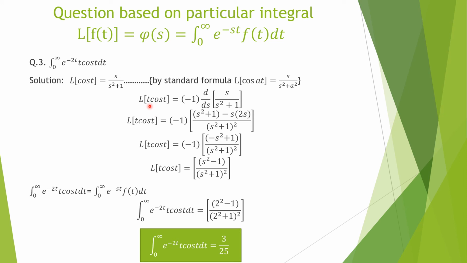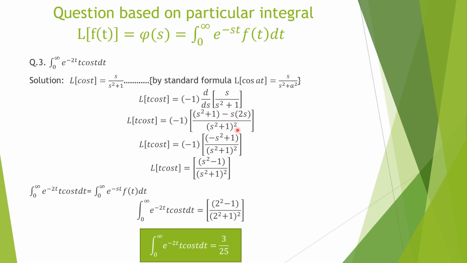So we use the multiplication by t property, that is minus 1 raised to power n dn by dsn. But here t raised to power 1. So minus 1 raised to power 1 d by ds of phi of s. And phi of s is s upon s square plus 1. Now differentiate this part. So this is again u by v.